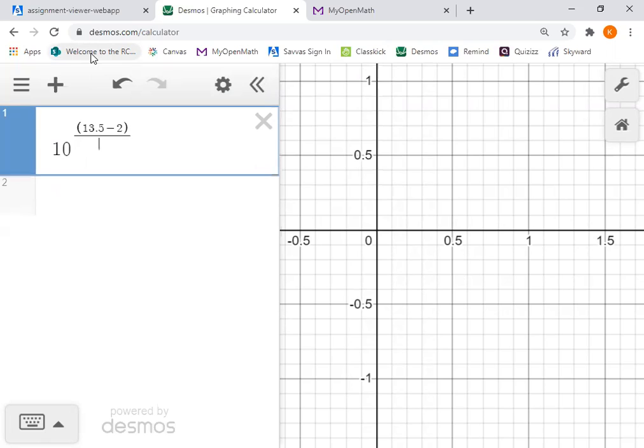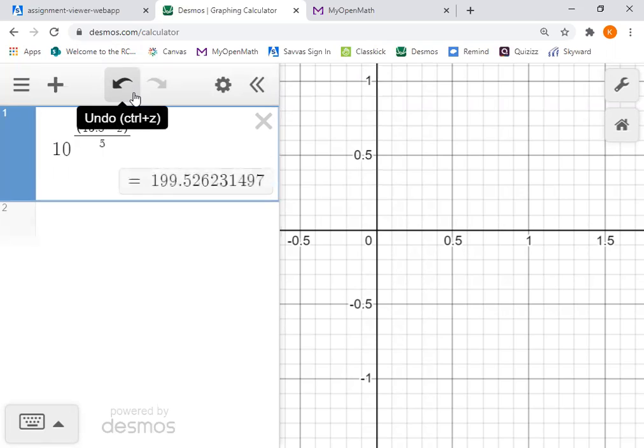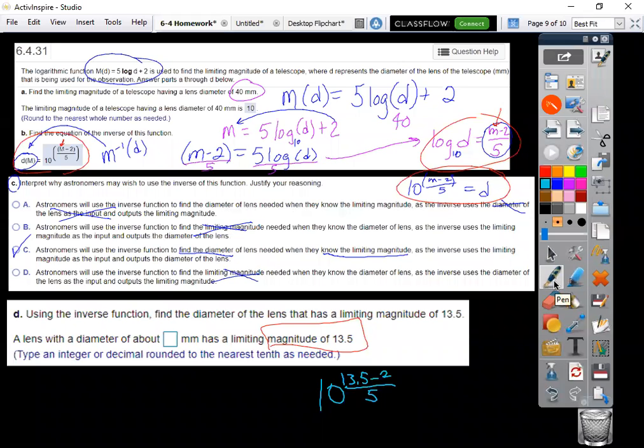I tend to use a lot of these parentheses just to make sure it's doing what I want, over the 5. So I've got 199.526231497, depending on how accurate I need to be. This might be a really specific calculator. And so back over here, I would put that answer in, and it says to the nearest tenth. So I had 199.5, and then it was a 2, so I don't round up, and that's what I'd put in there.